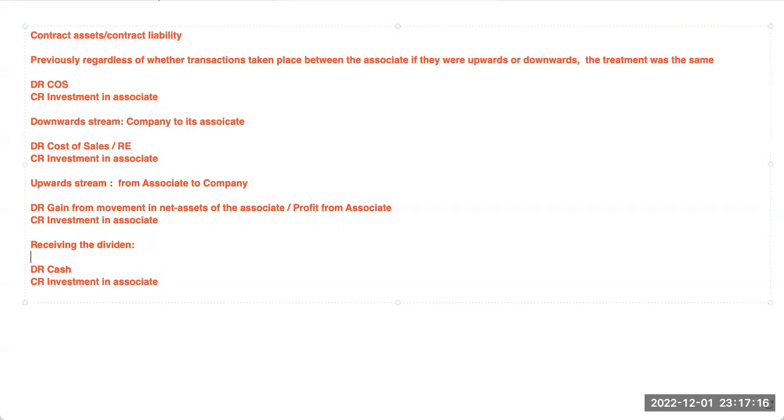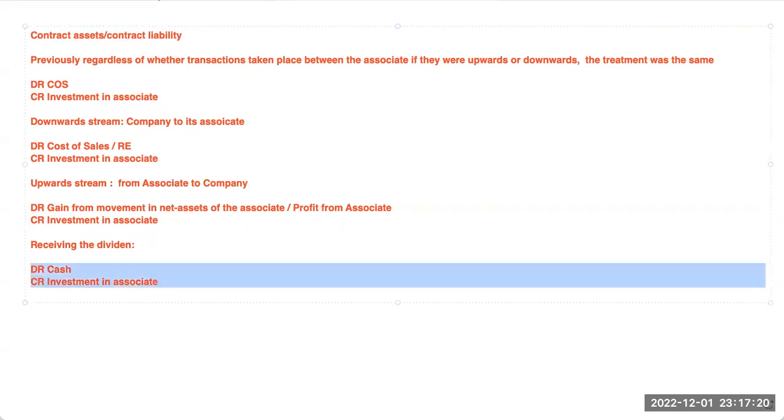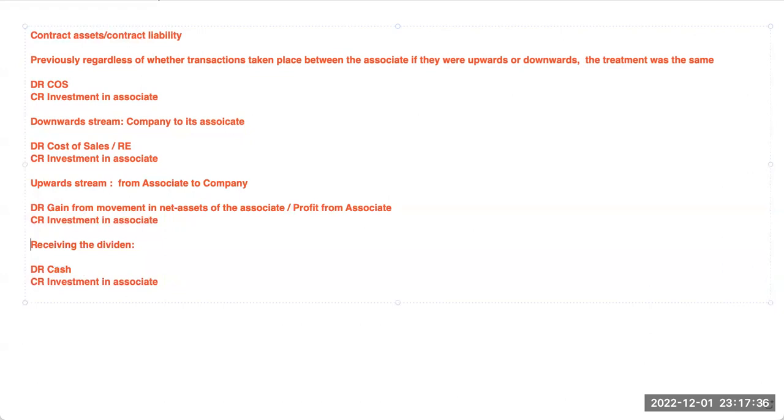So here again, if we do not make the entry like this, then while considering the movement in the net assets of the associate, we will record the same movement in our books twice. So if there is a dividend which is received from the associate, we should eliminate this to correctly reflect the movement of the associate in our books.